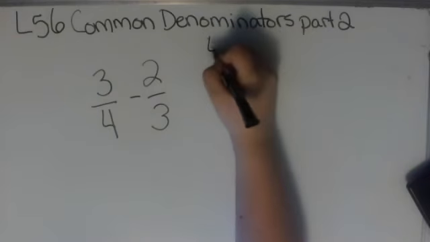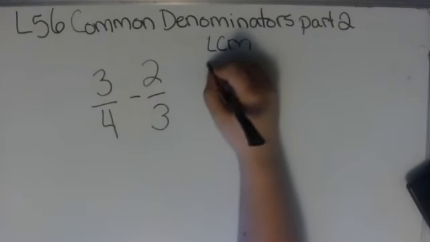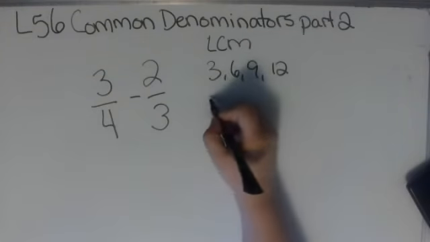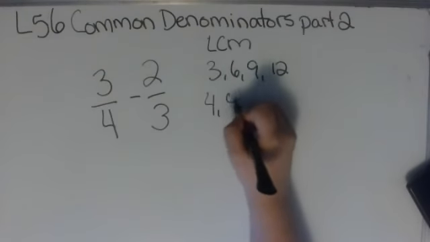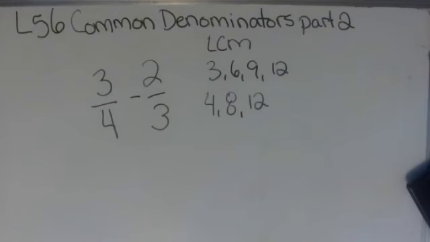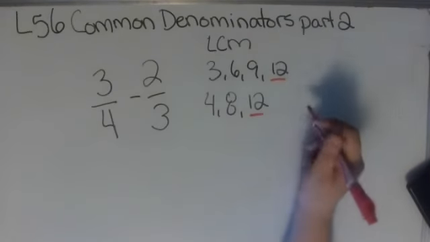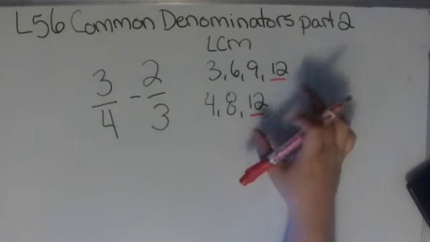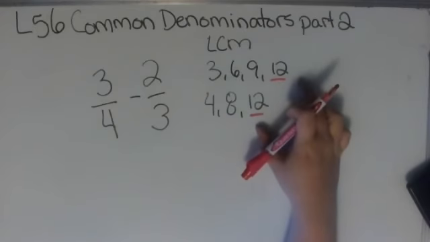I can go through my lowest common multiples, and I can go through my 3's: 3, 6, 9, 12. I can do 4's: 4, 8, 12, until I hit a number that both of them have. I now know that 12 is my lowest common multiple, so I'm going to be making denominators of 12.